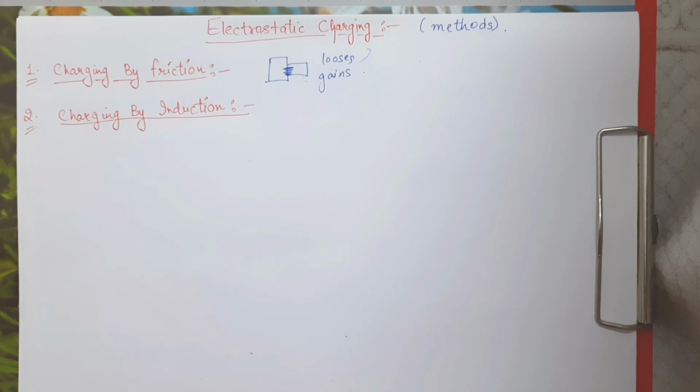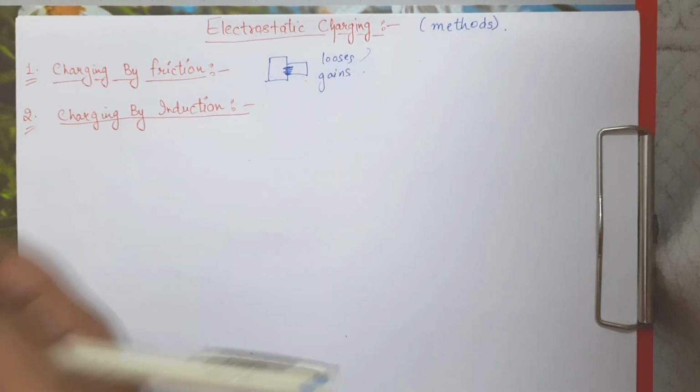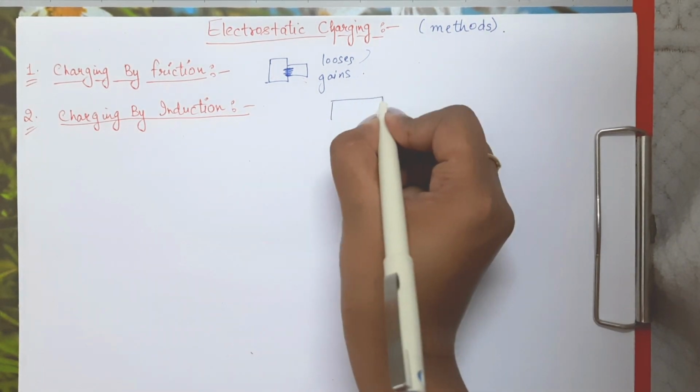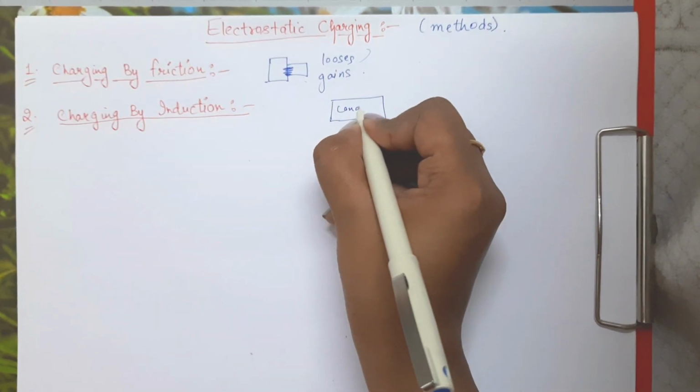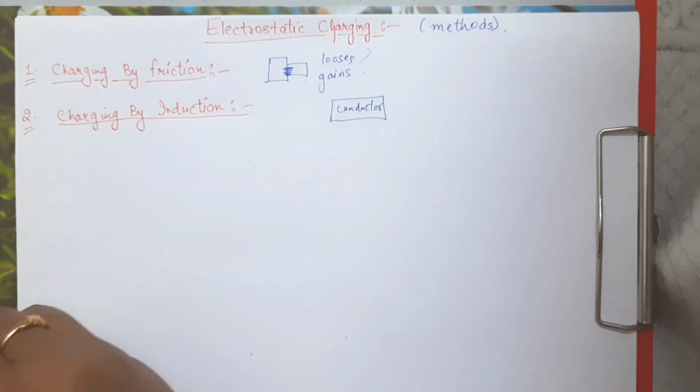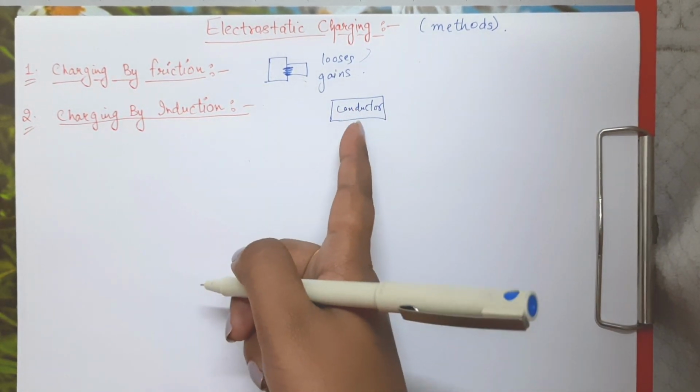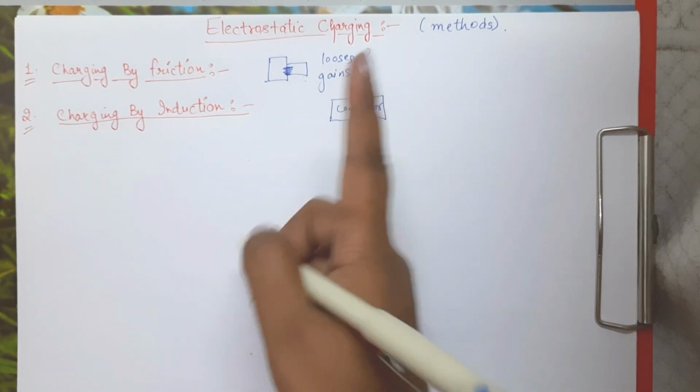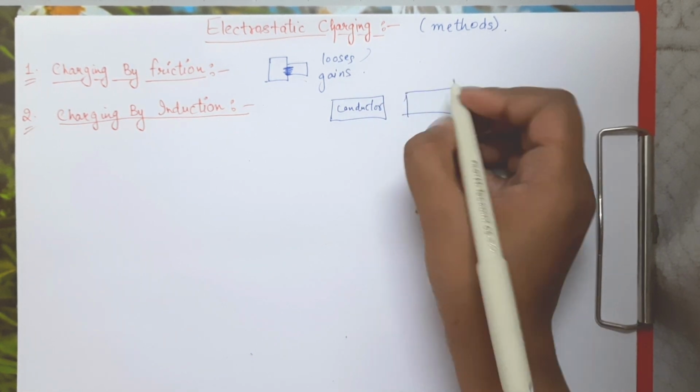So there are basically two methods of charging by induction. Suppose we have a conductor here, and we are going to place this conductor in the neighborhood of a charged body.